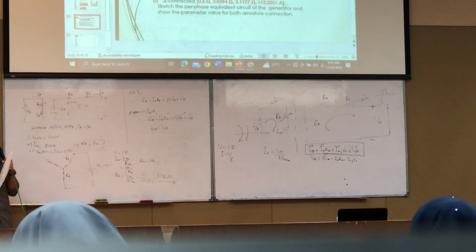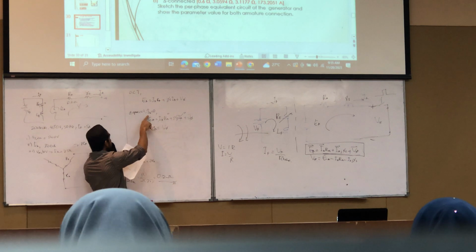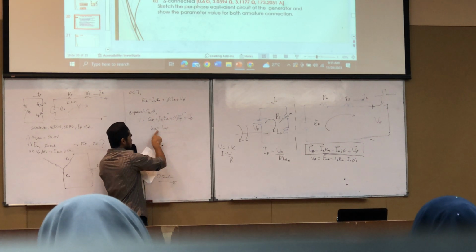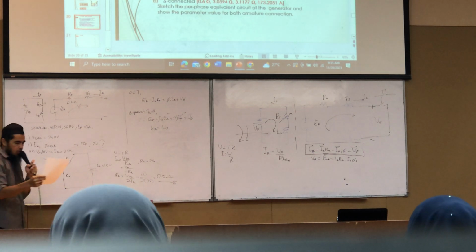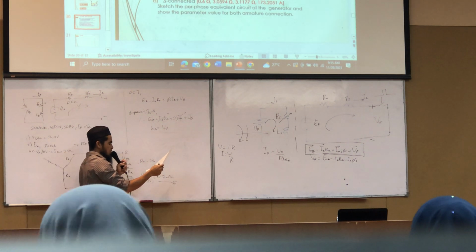No current flow to your load. So open circuit, I armature 0, remaining is V phase. So EA open circuit is equal to V phase. So how much is your V phase?